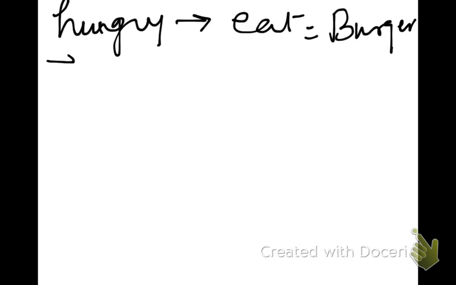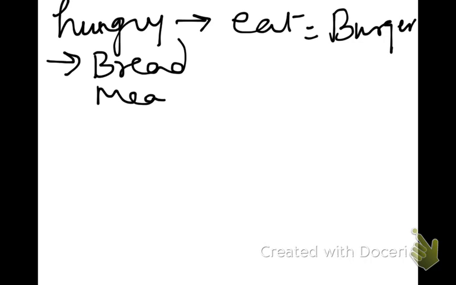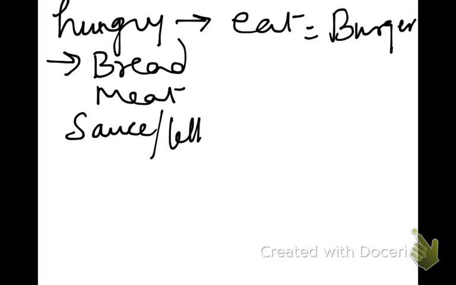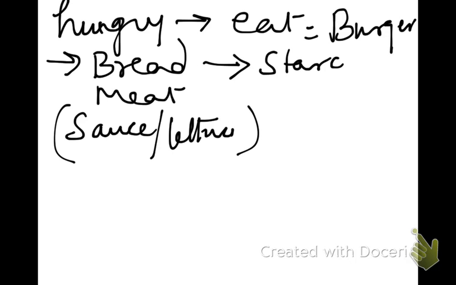So, a burger, what are all the things that it might have? It will have some bread, it might have some meat, it might have some sauce, lettuce, and so on and so forth. Now this bread is composed of starch, which is your source of carbohydrates.